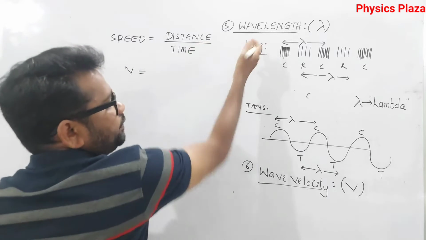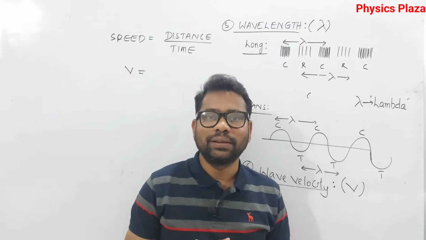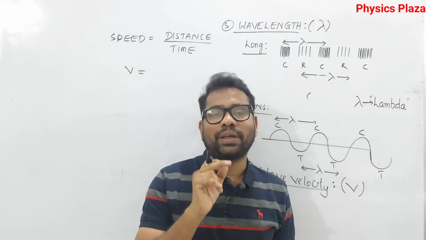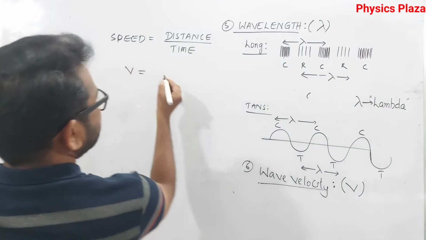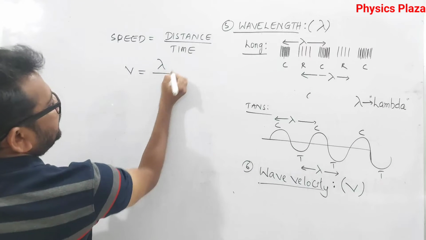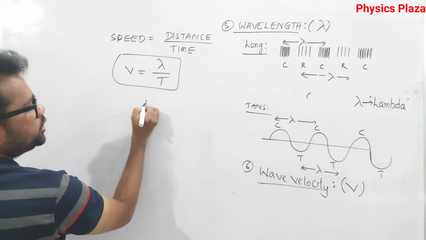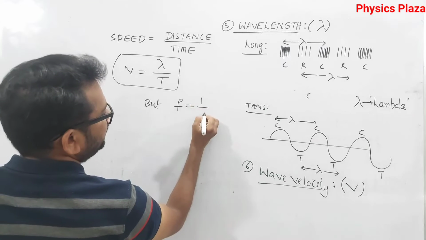Distance, what, children? Wavelength. When the distance is a wavelength, then time will become the time period. Why? Because the wavelength is the distance traveled by the wave in one complete time period of a particle of the medium. When distance is lambda, then time is T. So V is equal to lambda by T. But children, we know that frequency is equal to 1 by time period.